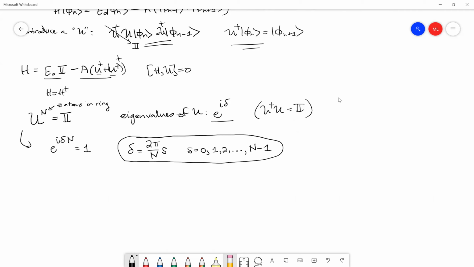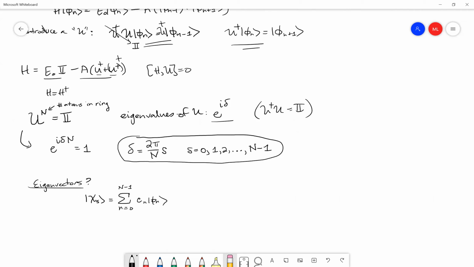So we have the eigenvalues. Let's think about the eigenvectors. We can of course do the usual thing and expand our eigenvectors in a basis. And our basis is just those bound states. So we can write an expansion, the sum of c n phi n, always allowed to do that.